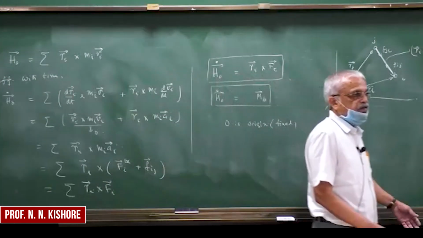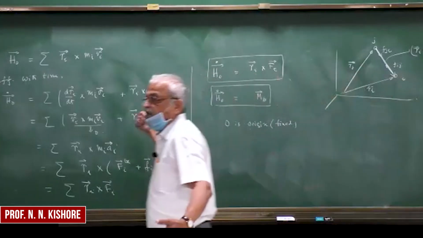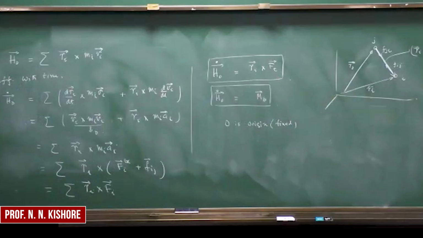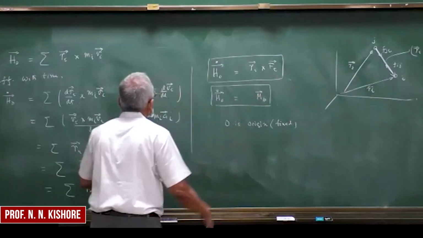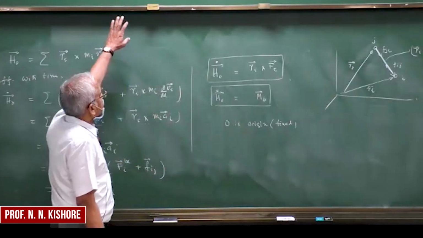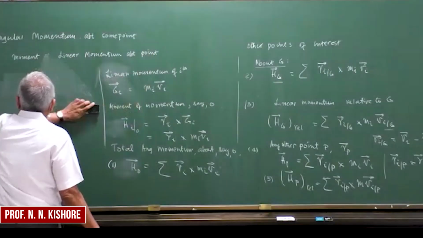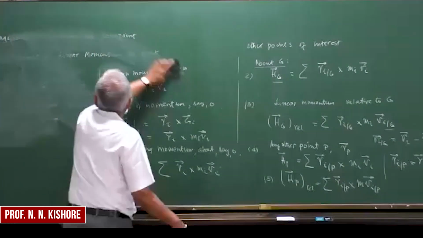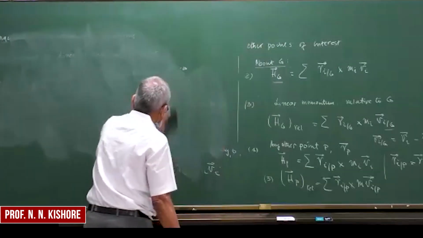This might even turn out to be the same result when we talked about the fourth and fifth definition about a point, right? When it's a fixed point, then it will turn out to be the same. So this is about angular momentum about O. Then actually the second and third definitions are very important for us.